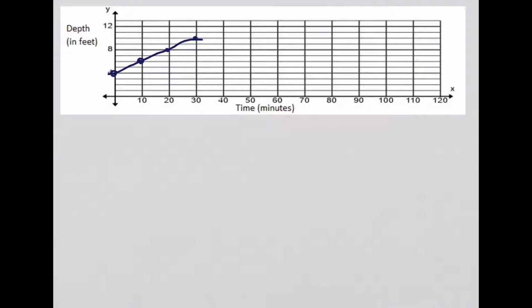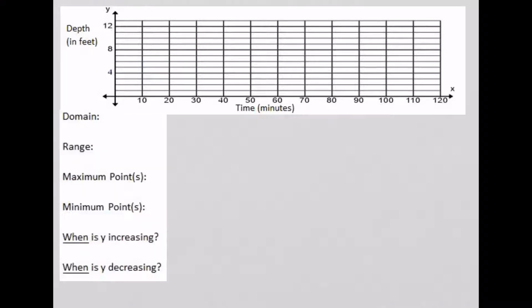We don't just go to 40 minutes and then suddenly at 50 minutes we're there. Later, we have to go through every second in between. And I know they only took the depth measurements every 10 minutes, but they had to hit every second in between there on their float down the river. So that's why it's going to be a continuous graph, and I'm not going to finish it on that page.